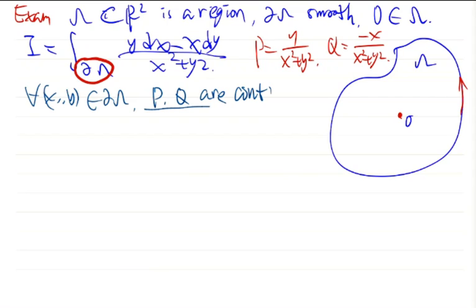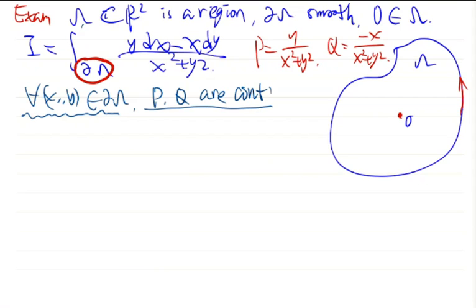So these two functions are continuous at every point on the boundary, and this line integral makes sense. Since it makes sense, we should be able to compute the value. But because omega is given arbitrarily, it's not explicitly stated what omega is, so the boundary curve is also not explicitly given. So we could not compute this line integral using our well-known formula.